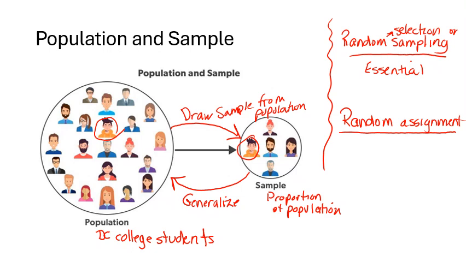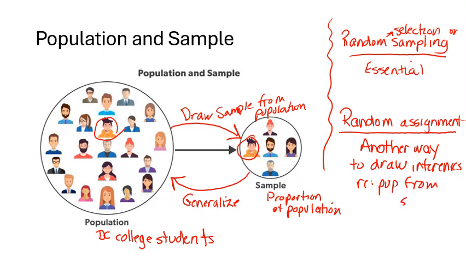So this is another way to draw inferences about the population from the sample. And draw inferences, well, that's the root of this word, inferential statistics, which is really at the heart of what we're doing here.